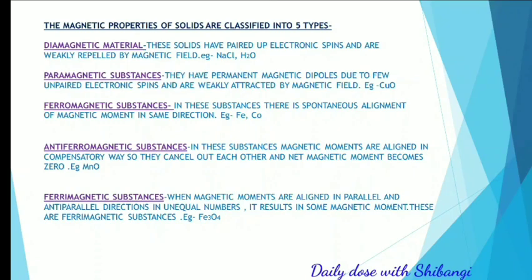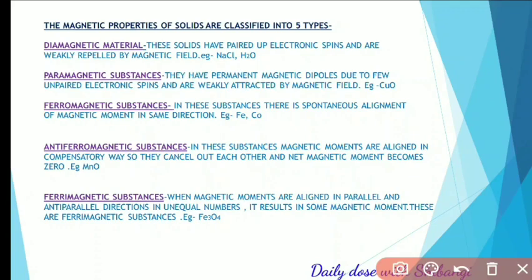Then we have ferromagnetic substances. In these substances, there is spontaneous alignment of magnetic moments in the same direction. Examples are iron and cobalt.